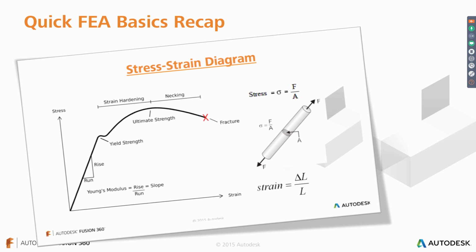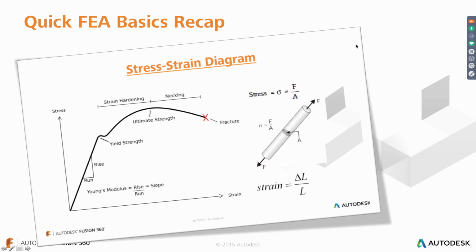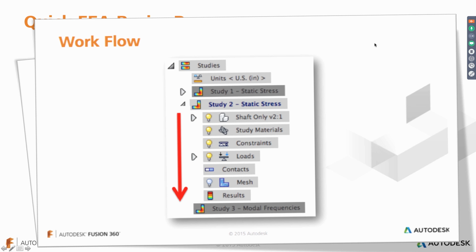But what we're going to be looking at, we're not actually going to be doing stress strain. I just used this slide to recap some of the things that we talked about in previous examples, some of the assumptions, some of the setup considerations. My typical workflow when I'm in the simulation workspace is just to start from the top and work your way down.